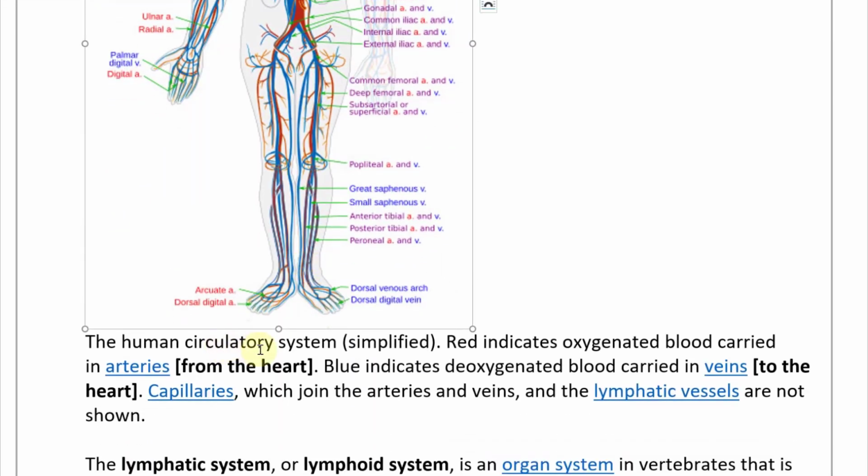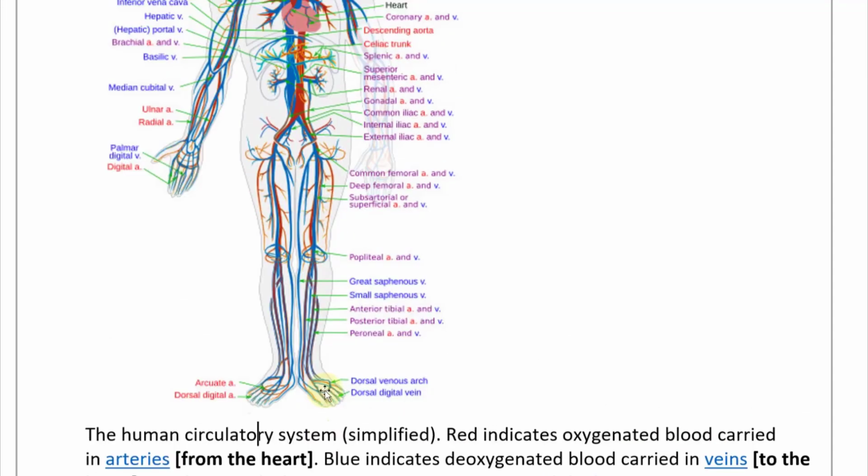In the simplified human circulatory system, red indicates oxygenated blood carried in arteries, which are from the heart, and blue indicates deoxygenated blood carried in veins, which are blood vessels towards the heart. It's deoxygenated because it has lost its oxygen, given to the body. And capillaries, which join the arteries and veins, and the lymphatic vessels are not shown.